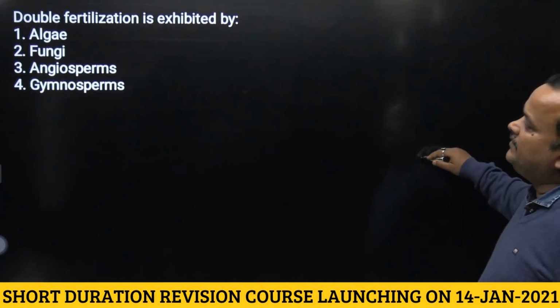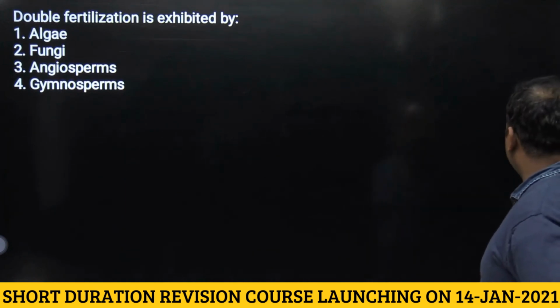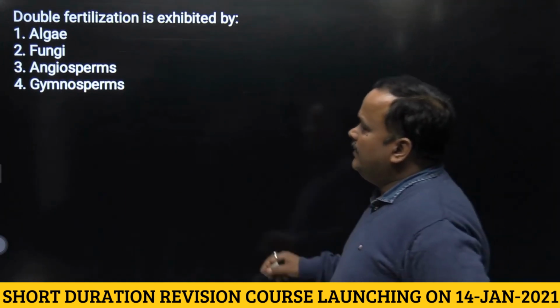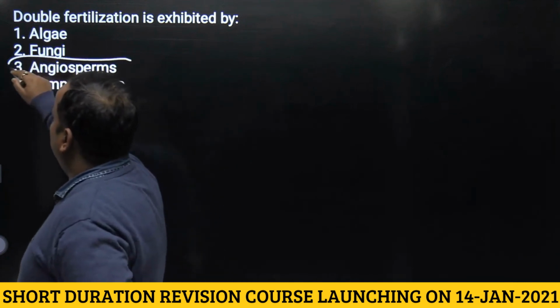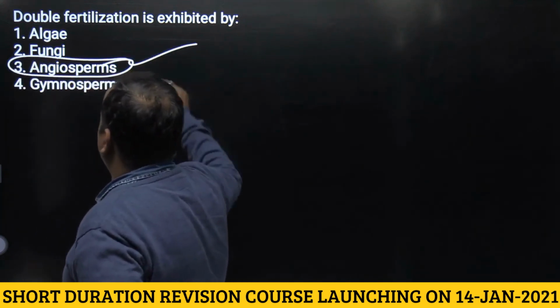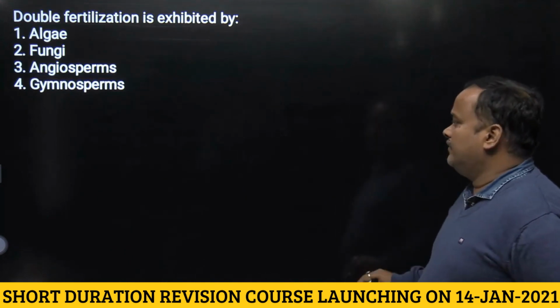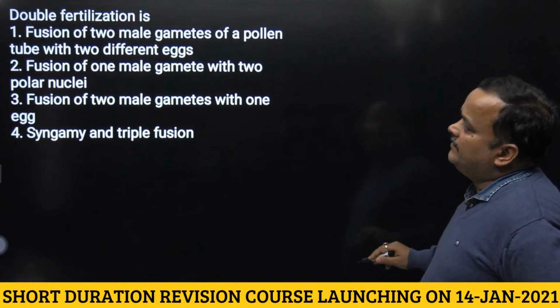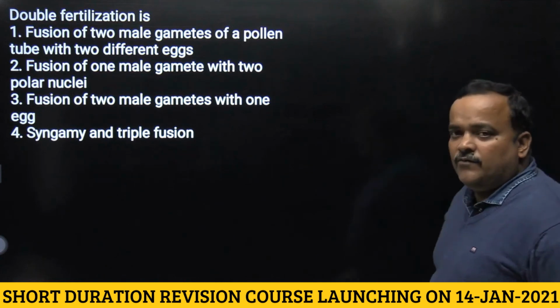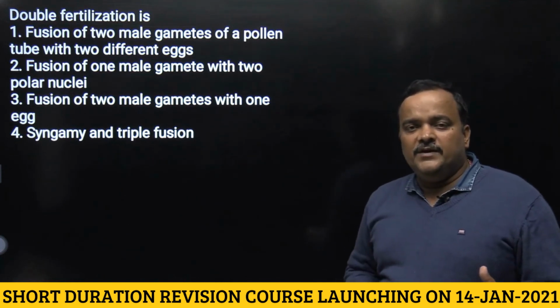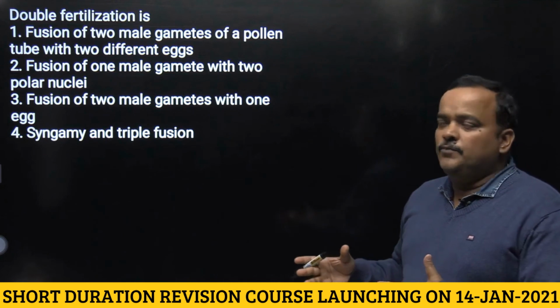Next question. Double fertilization exhibited by, double fertilization is characteristic feature of angiosperm. So answer will be third. Next, double fertilization is fusion of one male gamete with egg nucleus, another with two polar nuclei.